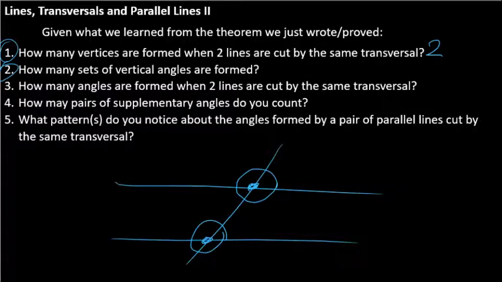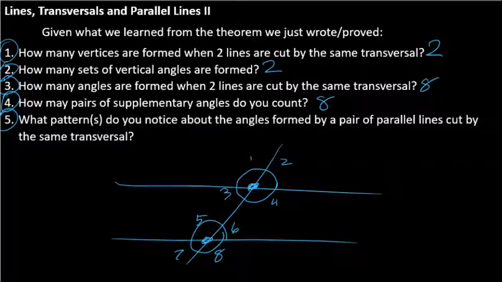So we would say 2 sets of vertical angles are formed because we have 2 vertices. How many angles are formed when 2 lines are cut by the same transversal? 1, 2, 3, 4, 5, 6, 7, 8. Okay, and how many pairs of supplementary angles do you count? Well, there's 4 pairs to each set of vertical angles, so there would be 8.